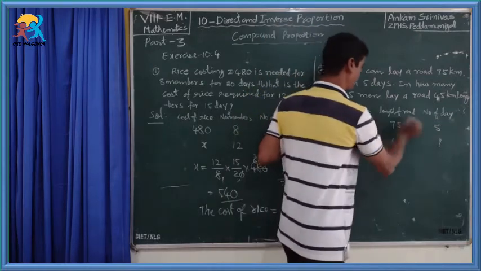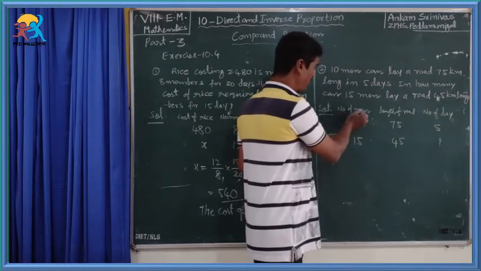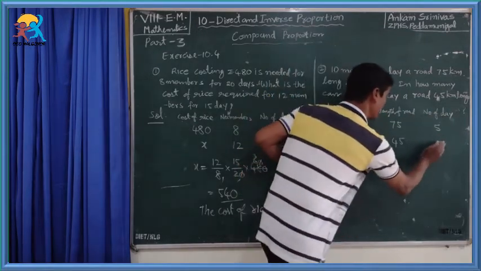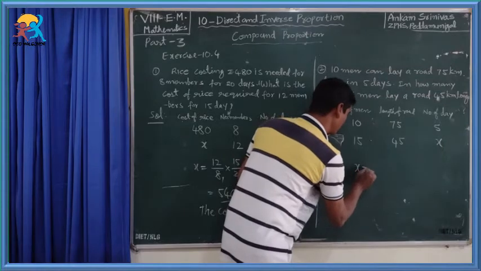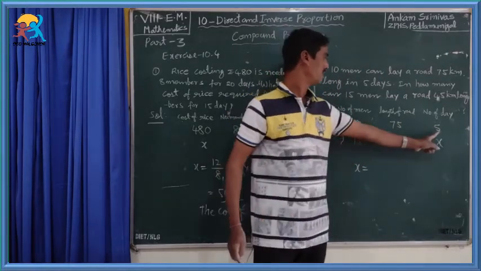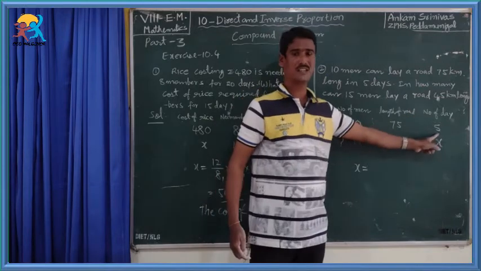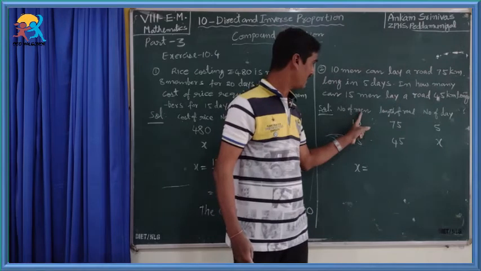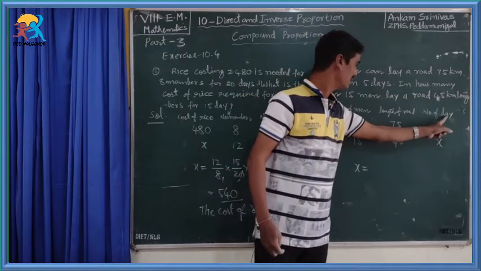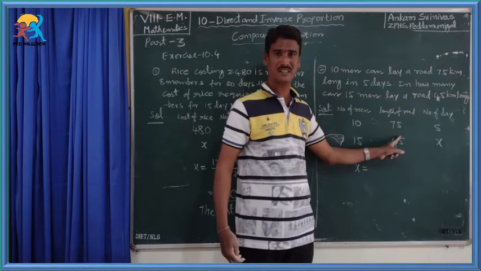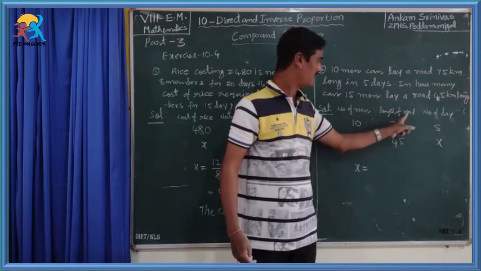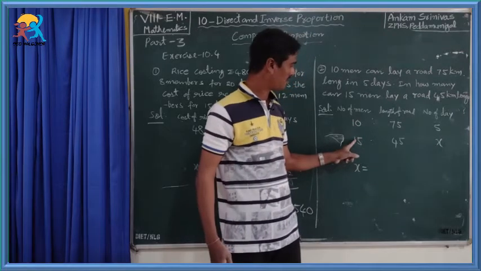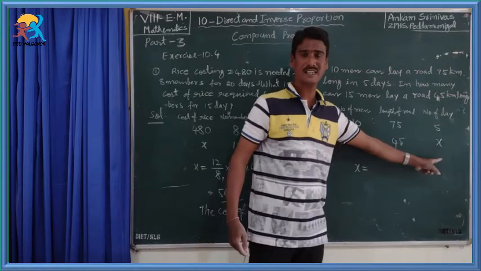Now compare these two quantities. Compare the number of men to number of days. Let us suppose this is the x. X equal to, now compare these two. When you compare the two quantities, the third quantity is taken as the constant. So number of men compared with the number of days, then length of road is the constant. If length of road is the constant, the more workers work, the fewer days it will take.